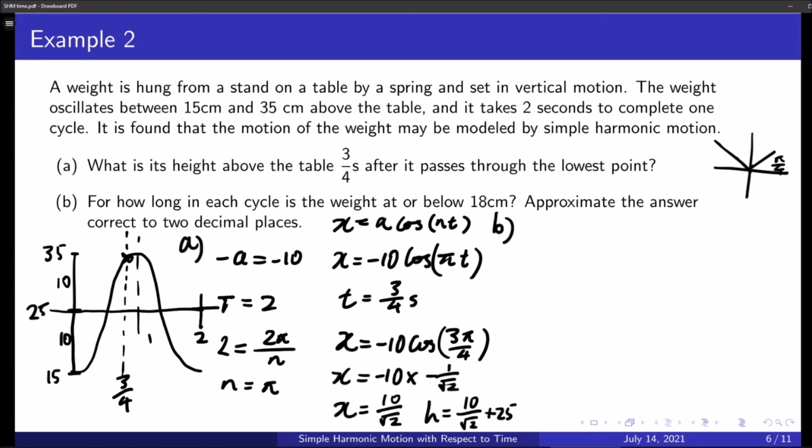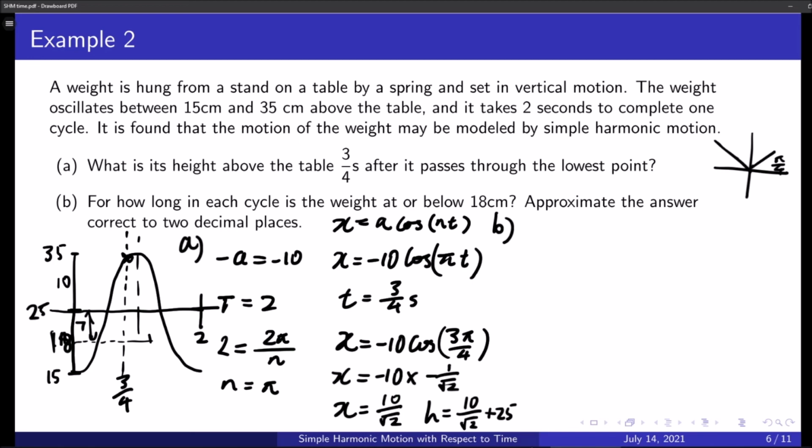So below 18, below 18 centimeters. So 18 is somewhere here, which is actually 7 centimeters below. So we're looking for where x is at or below 7 centimeters from the neutral position.